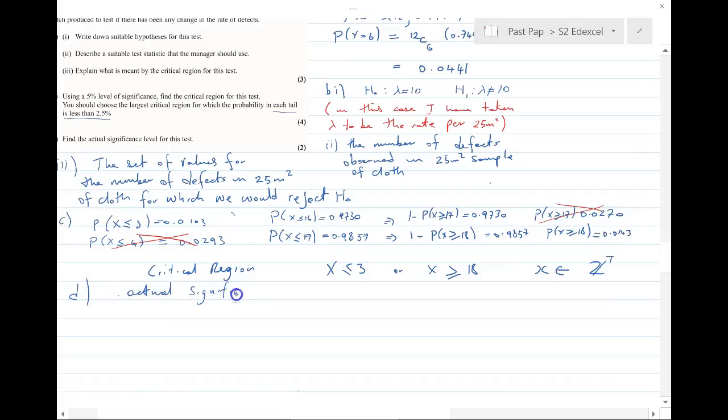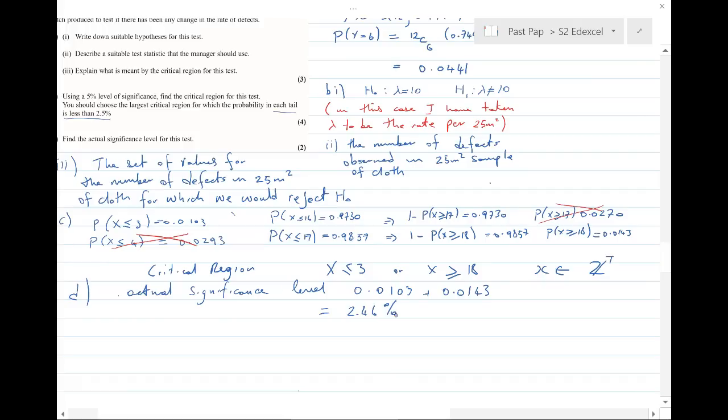Because it's discrete, when we've gone below the significance level, that sometimes means the actual significance level of those values is somewhat tighter than the original intended significance level. So that's 0.0103 plus 0.0143, which is equal to 2.46%.